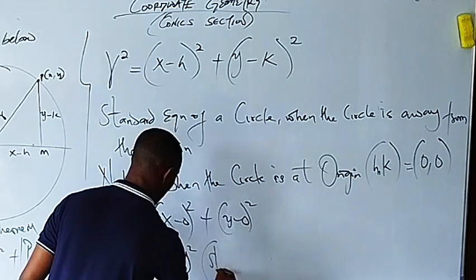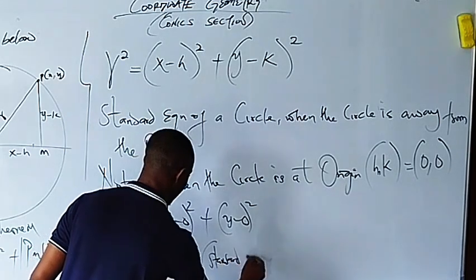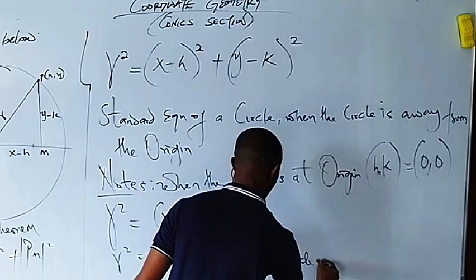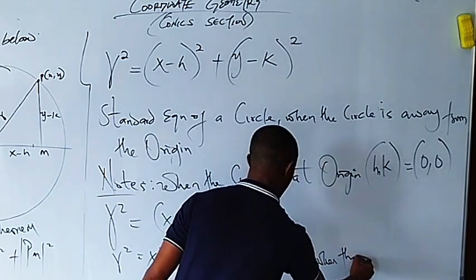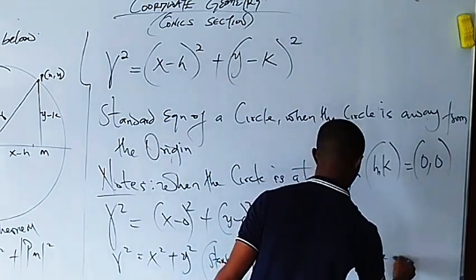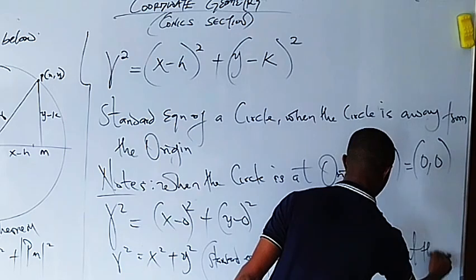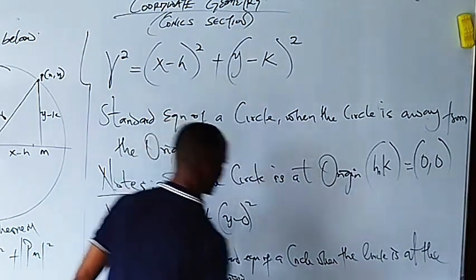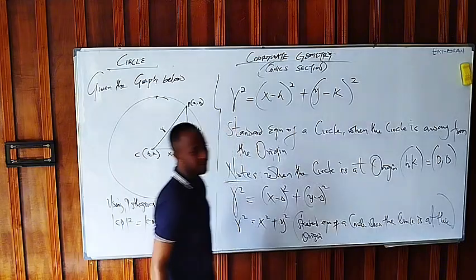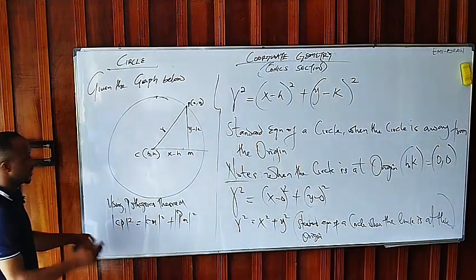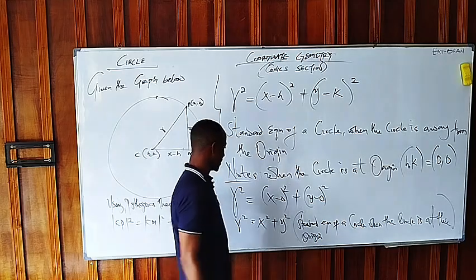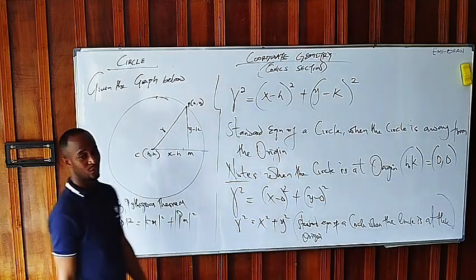This is the standard equation of a circle when the circle is at the origin. When the circle is at the origin, R squared equals X squared plus Y squared.